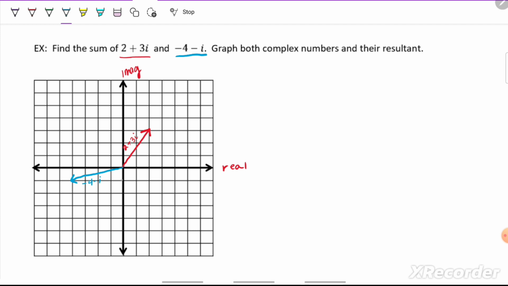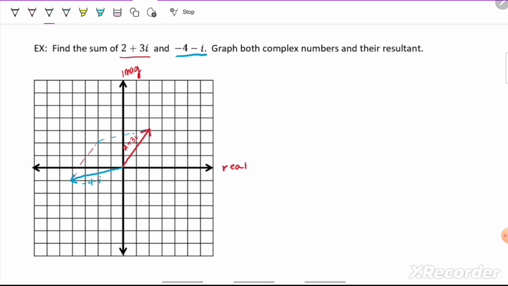From the origin, I went down 1 and to the left 4. So from the end point of my red one, I want to go down 1 and to the left 4. And that's where this will be as we're creating our parallelogram. And now I can just connect my two blues. There we go.